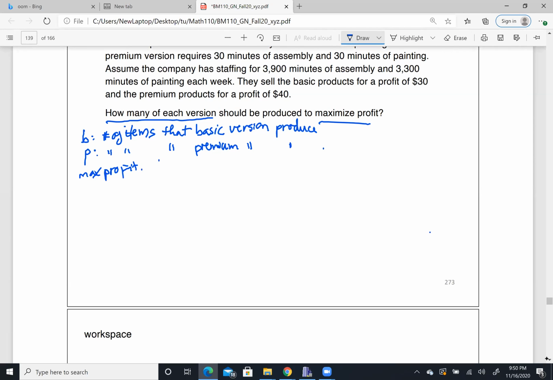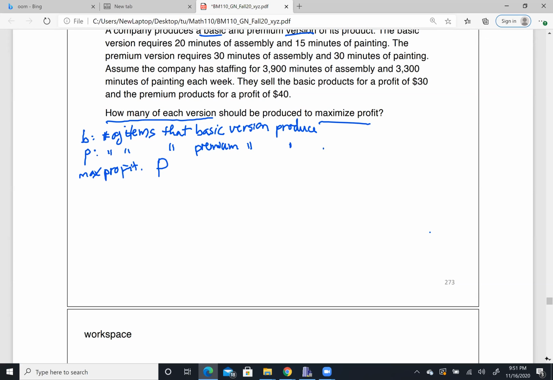So let's say big P is profit, which will be equal to the profit of the basic product added with the profit from the premium product.